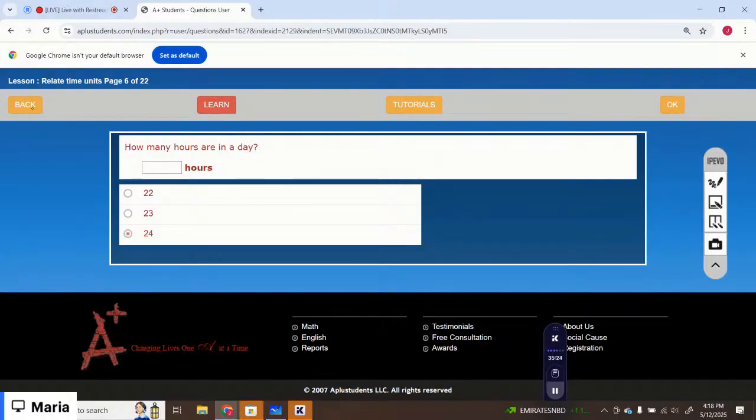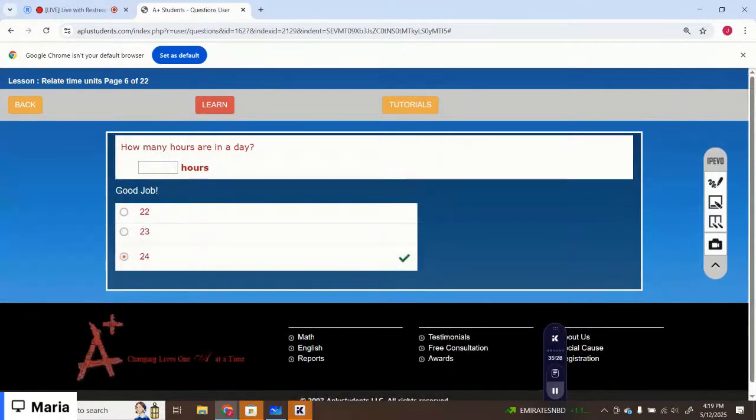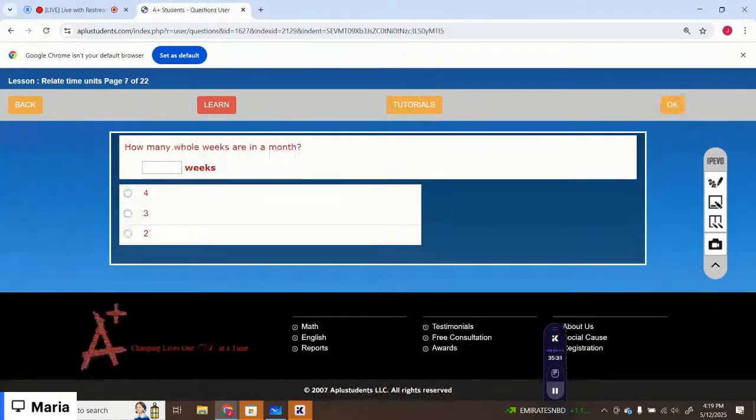There are 24 hours in a day. The correct option is 24. Millennium means 1,000 years.